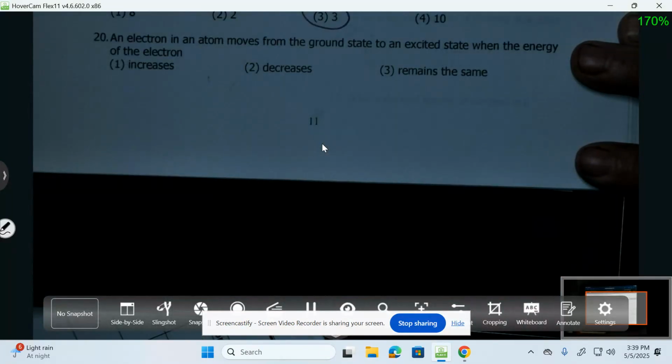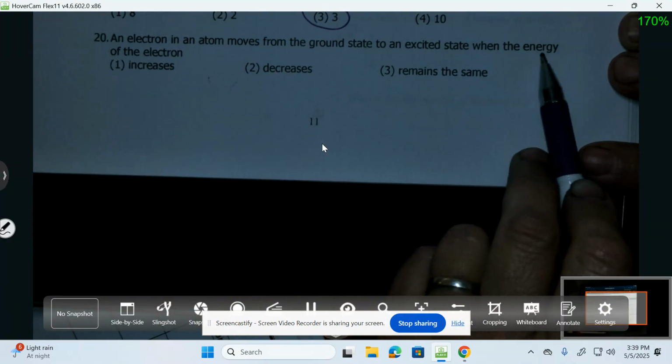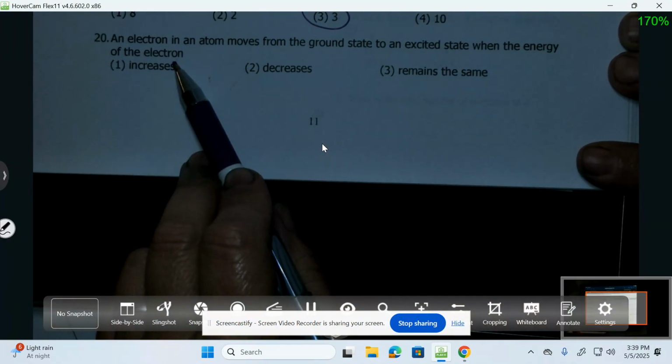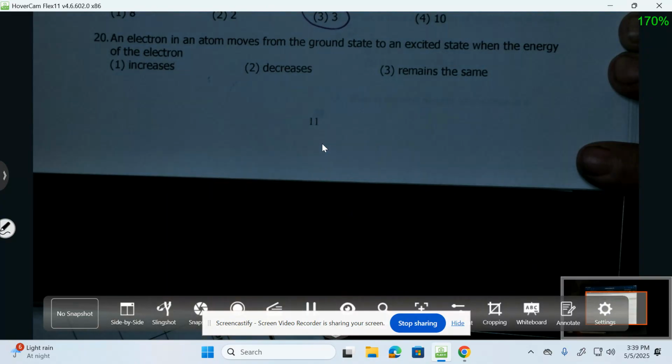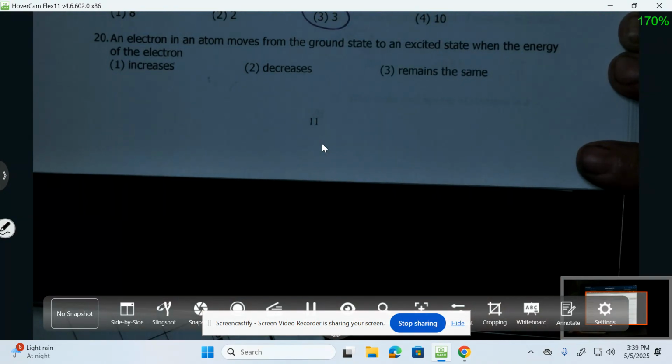3. An electron in an atom moves from the ground to the excited when the energy of the electron does what? When the firework goes from the ground up to the sky. Did you have to put energy in, or did you take energy out? When you got it to go all the way up, you put energy in, okay?